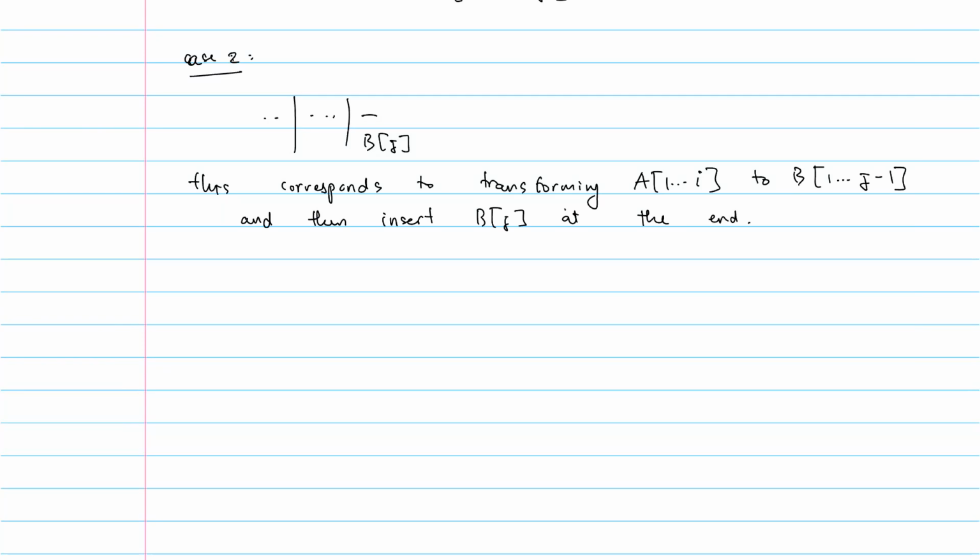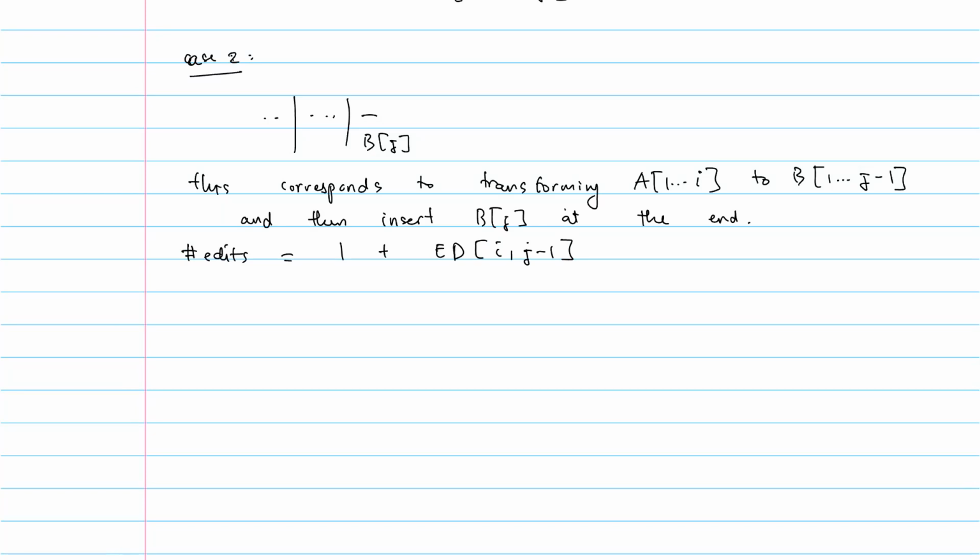The number of edits in this case is 1 for the insertion plus the edit distance between A1 up to Ai and B1 up to j minus 1.